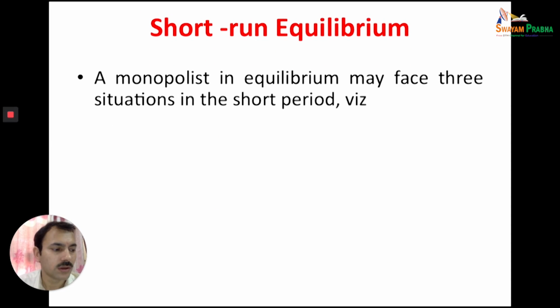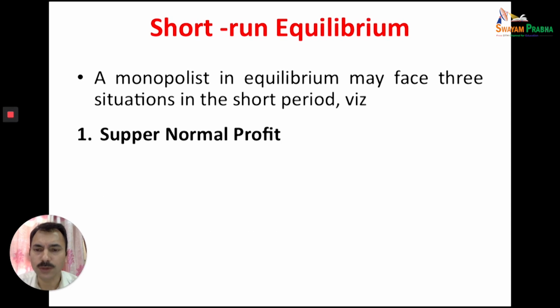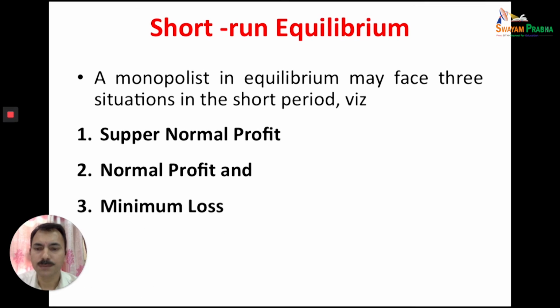Now, a monopolist in equilibrium may face three situations in the short period: supernormal profit, normal profit, and minimum loss.